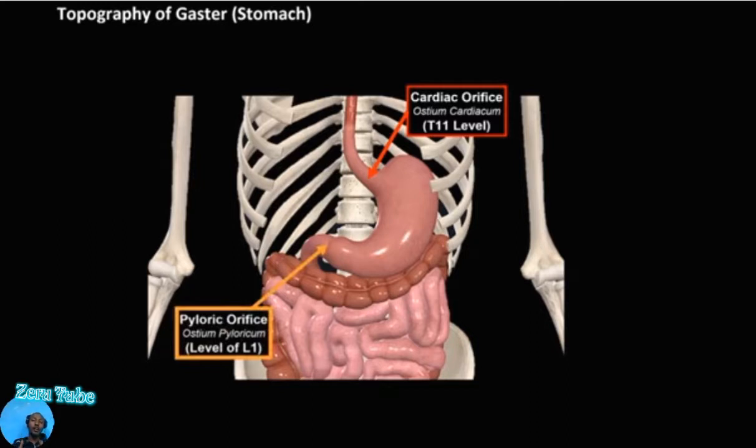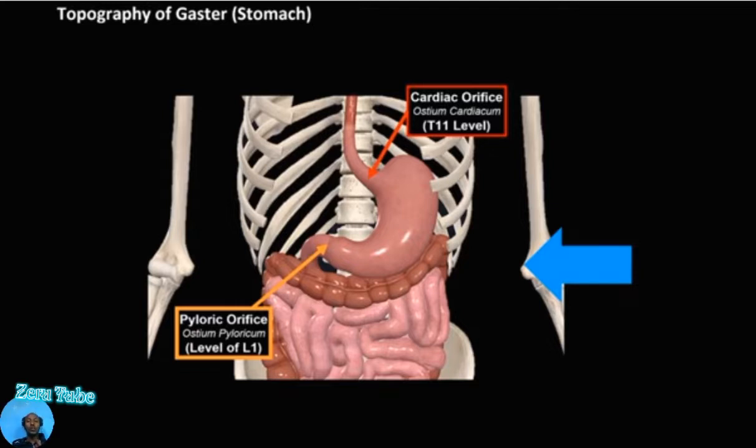Generally, the stomach is found between T11 and L1. The pyloric orifice mainly separates the stomach from the duodenum. Mainly the pyloric antrum of the stomach from the first parts of the duodenum.